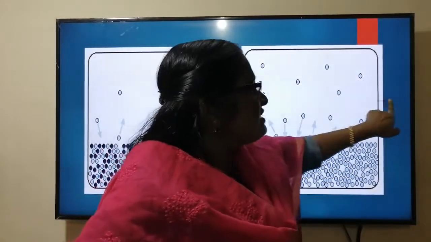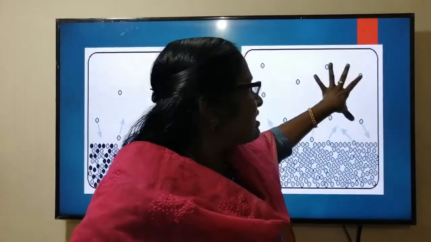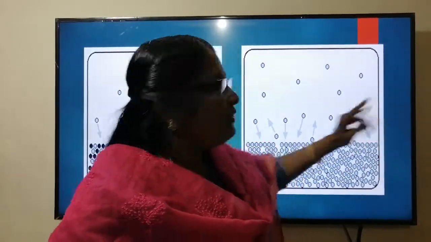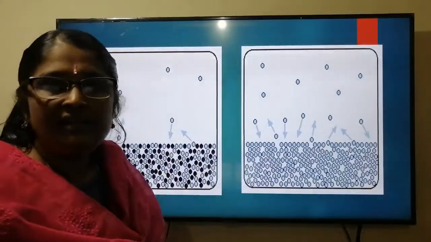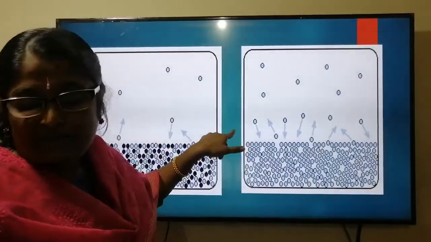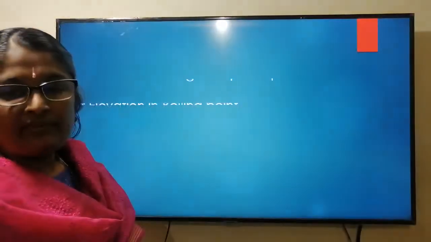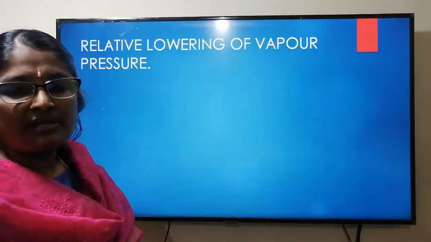If you measure this pressure using a manometer, the vapor pressure of the pure solvent is P1°. After adding the solute, we measure again, and P1 is the vapor pressure of the solution.